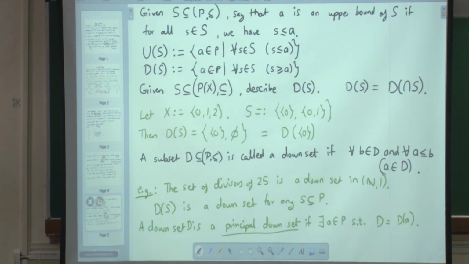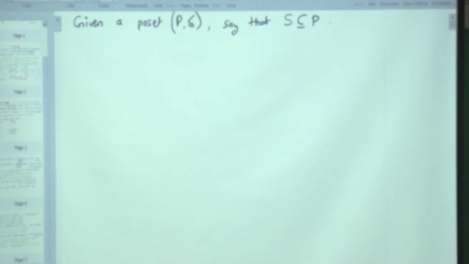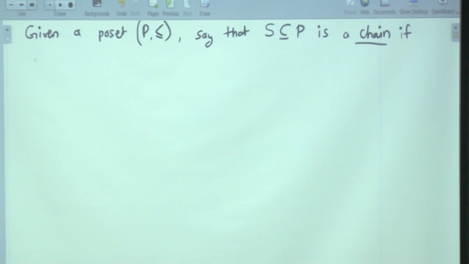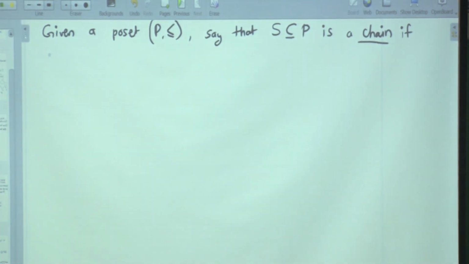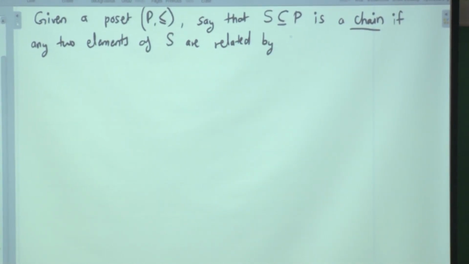Okay, one last definition perhaps for today. Given a poset (P, less equal), we say that S subset of P is a chain if it is linearly ordered, that is, if any two elements of S are related by less equal.